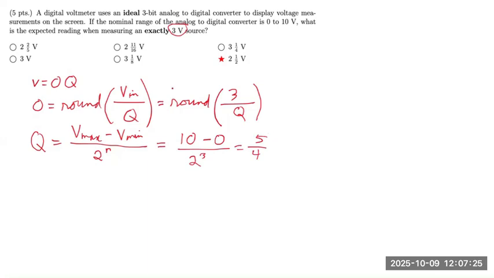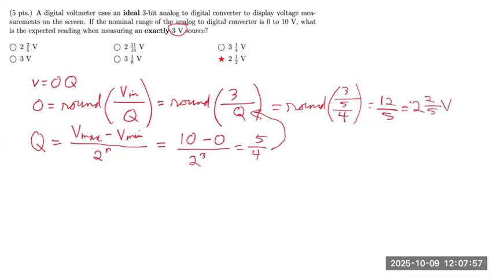Plugging that in for Q, we have round 3 over 5 over 4, which is 12 over 5, which is 2 and 2/5.